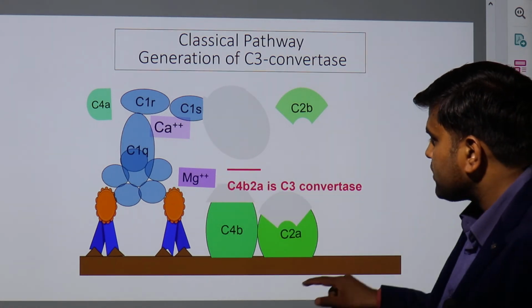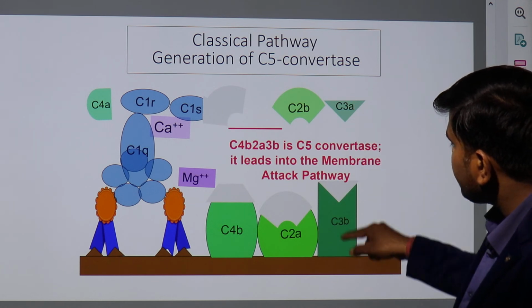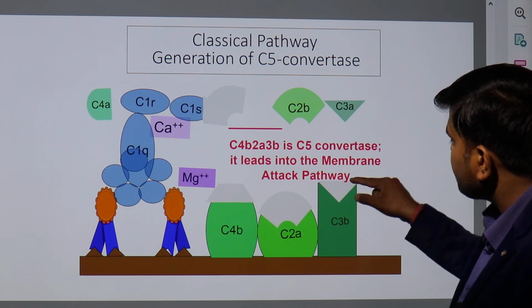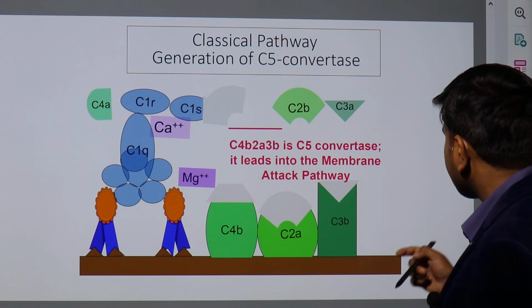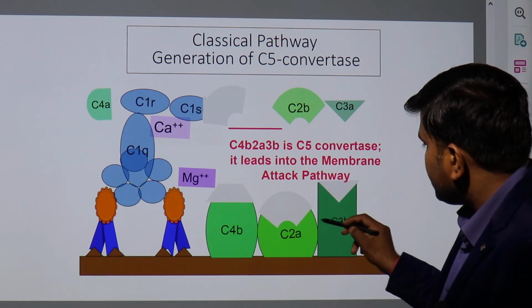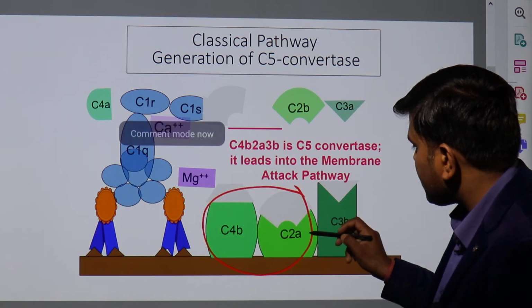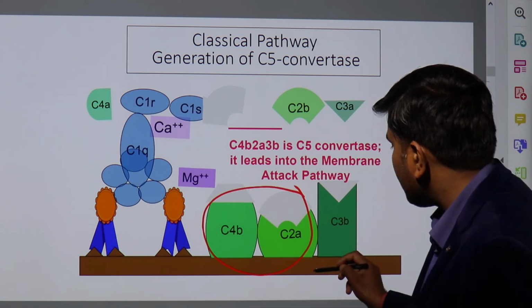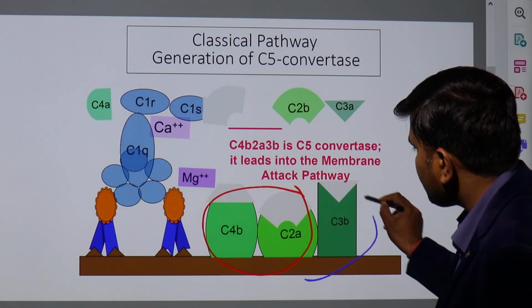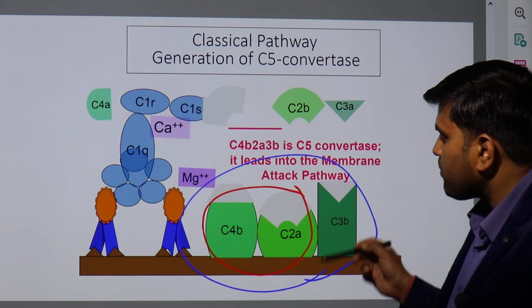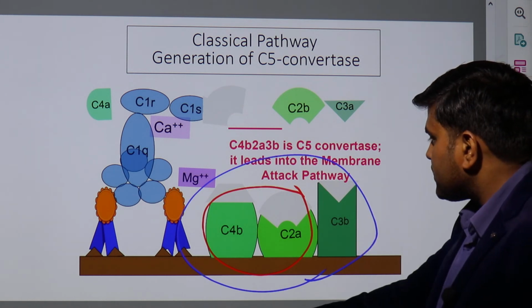So once the C3 convertase is formed, it will cleave the C3, and C3a will be released, b will bind. This whole component is now the C5 convertase, initially it was the C3 convertase. This C5 convertase will cleave the C5.